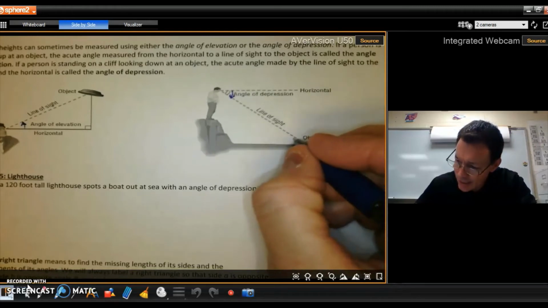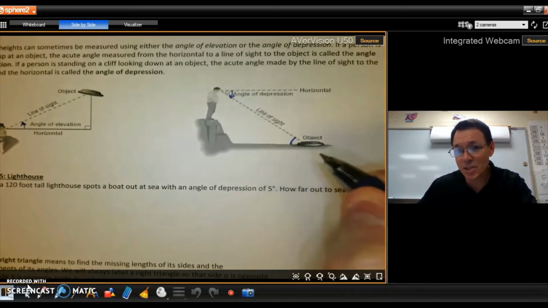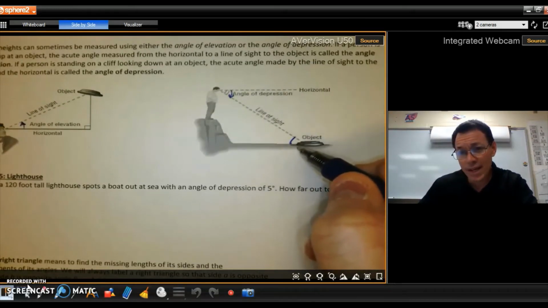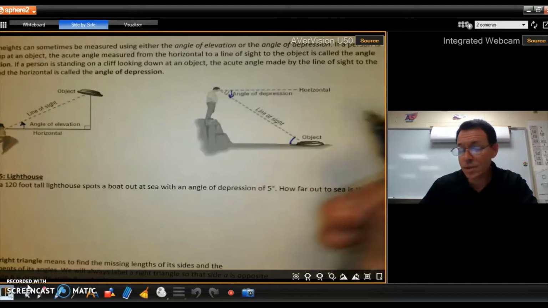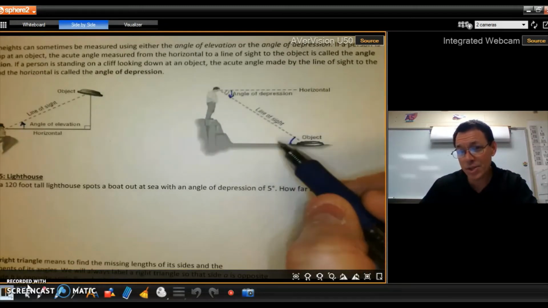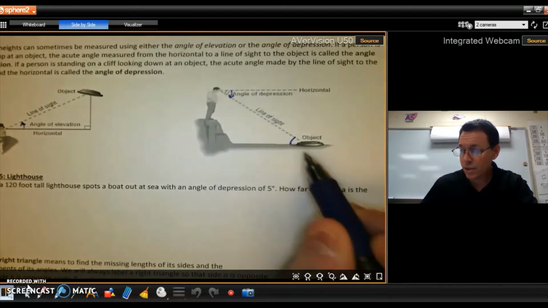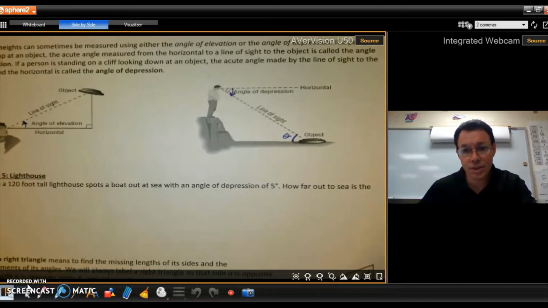But this angle is exactly the same as that angle, and that angle is in the triangle where we want it to be. This would be the angle of elevation from the little bitty alien looking up at you. Okay, so the angle of elevation and the angle of depression are actually the same. So whatever wording you get, you can always put the angle right here where the angle of elevation would be.